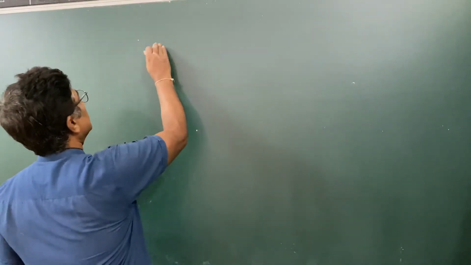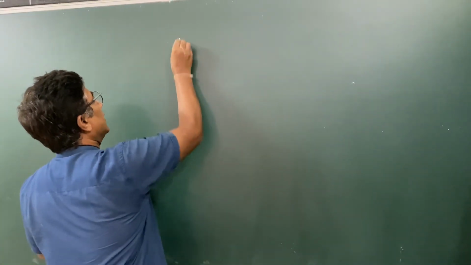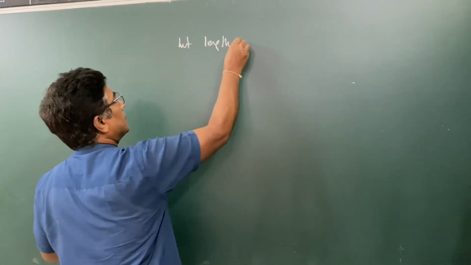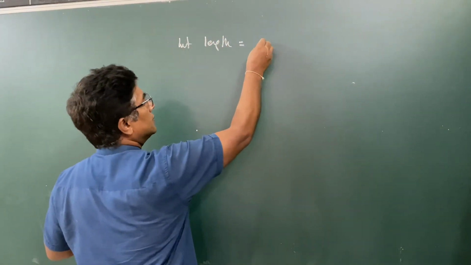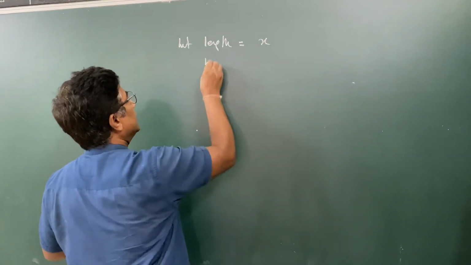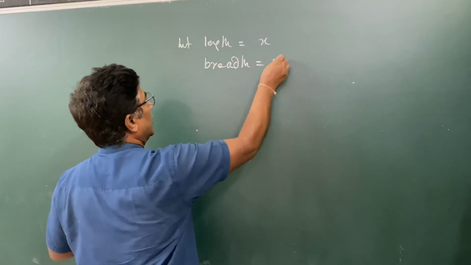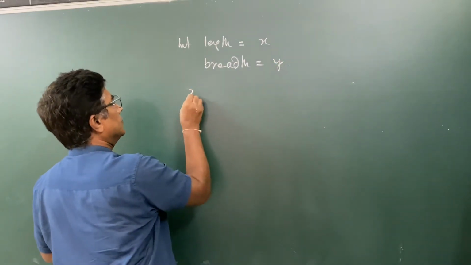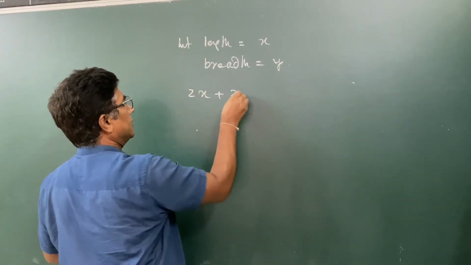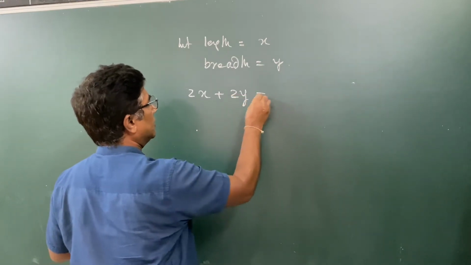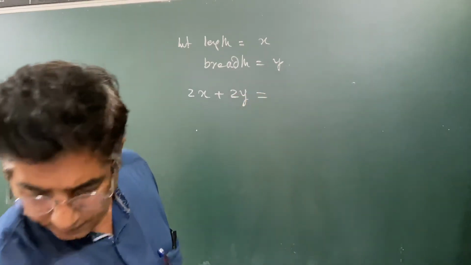So let length be x, breadth be y. Perimeter, 2 length plus 2 breadth, is equal to 80.